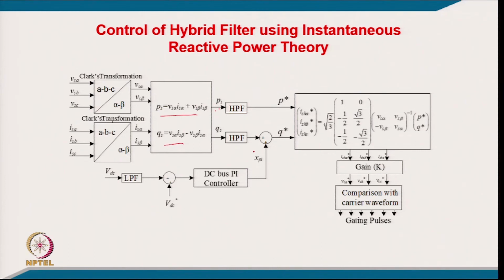Passing through a high pass filter, we can take only the ripple. Then we have a DC link voltage regulation from this. So, we get the small active power and reactive power, because it is in series. So, we have P and Q. Once we know P and Q, we can calculate the supply harmonic current, and from this sensing, with the gain, we are able to inject the voltage in series with this passive filter.